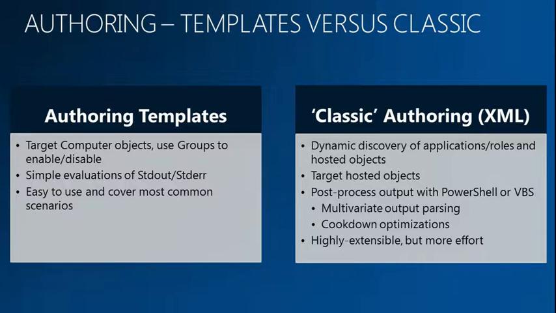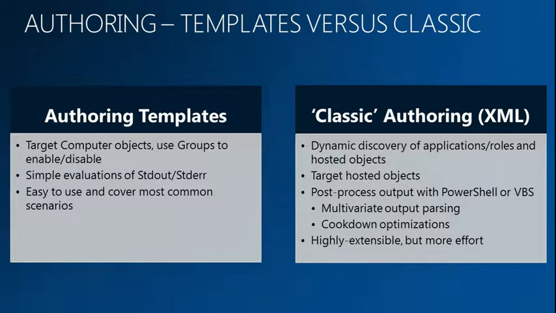Certainly, if you want to dynamically discover applications based on the presence of a file or the contents of a file, or hierarchically discover components of an application with a relationship to a parent and then target those individual subcomponents, those are things you would need to do in classic authoring, outside of the operations console.